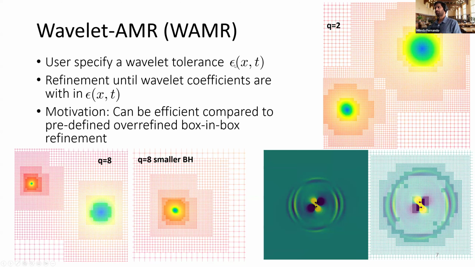For a given wavelet tolerance function, which can be a function of both space and time, we keep the finer features if our wavelet coefficients are larger than the specified tolerance.